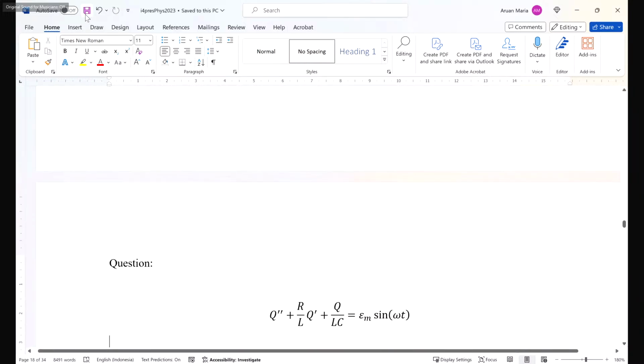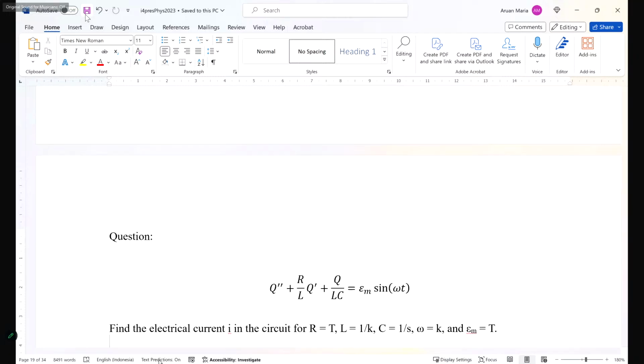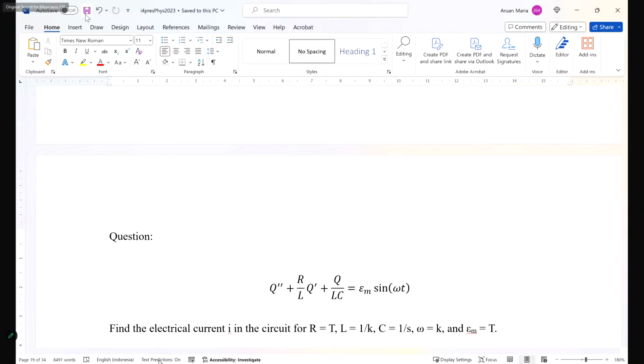The question is, we need to find the electrical current I in this RLC circuit. As you can see, the equation is also exactly the same as for forced oscillation in mechanics. Yeah, and the solution will be exactly the same, just like in mechanics, but the meaning will be different.